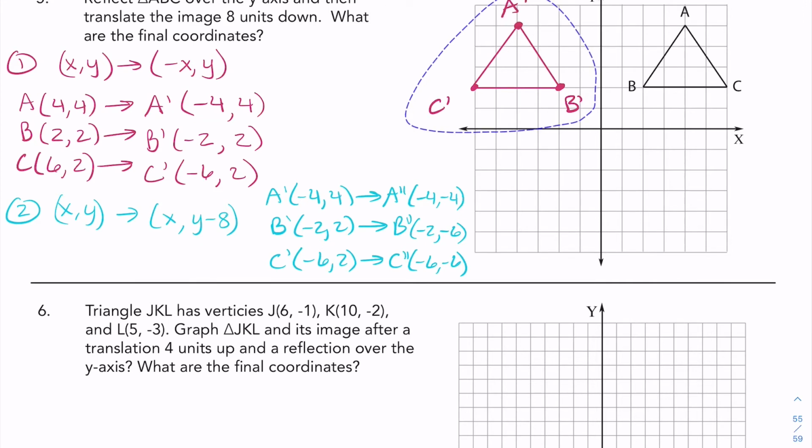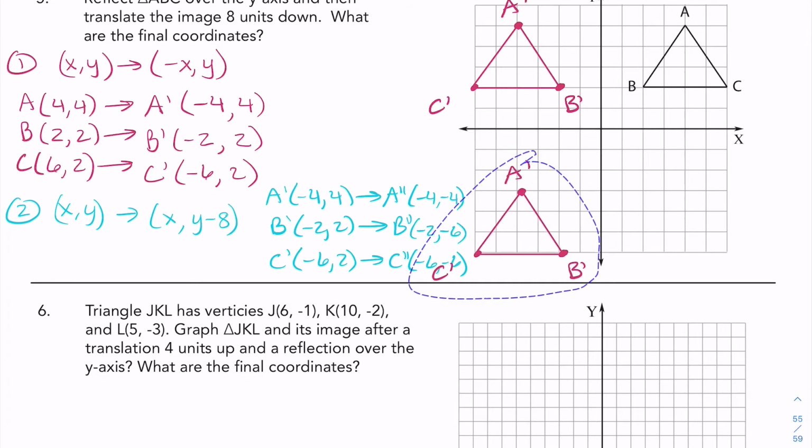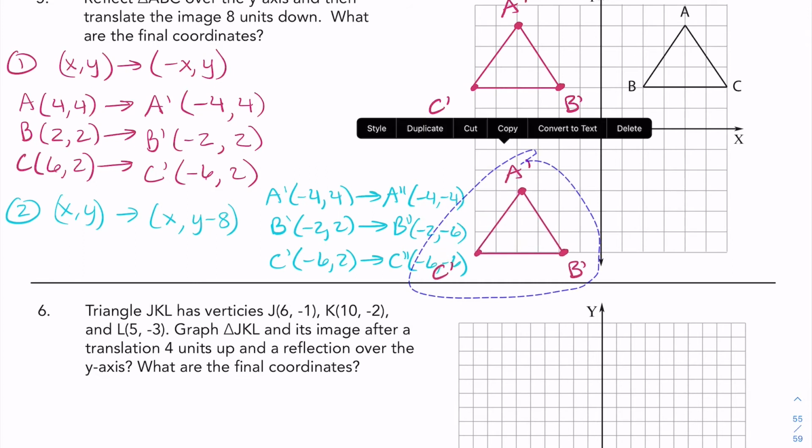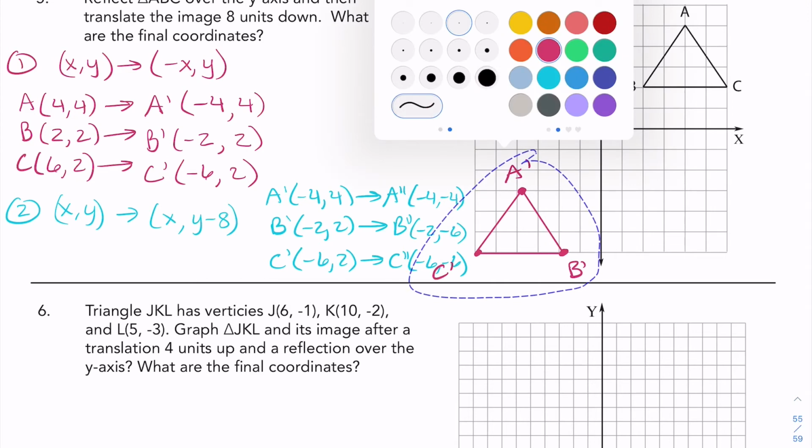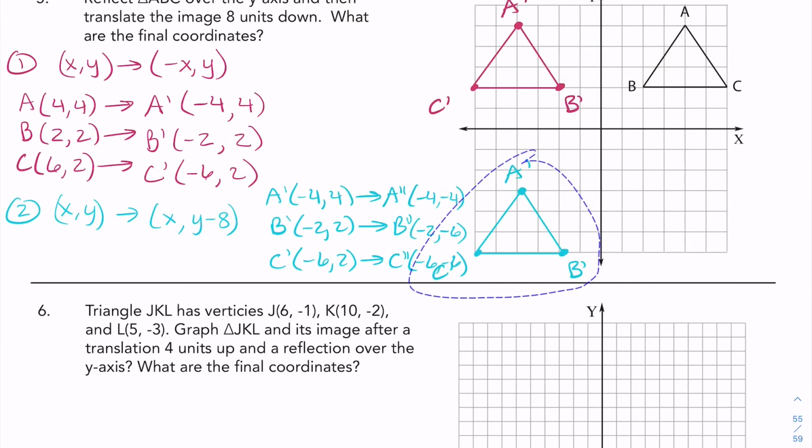So I'm just going to take this, copy, paste. We're going down 1, 2, 3, 4, 5, 6, 7, 8. Changing the style, let's change it to blue. It's supposed to be -6, and that's supposed to be C double prime.